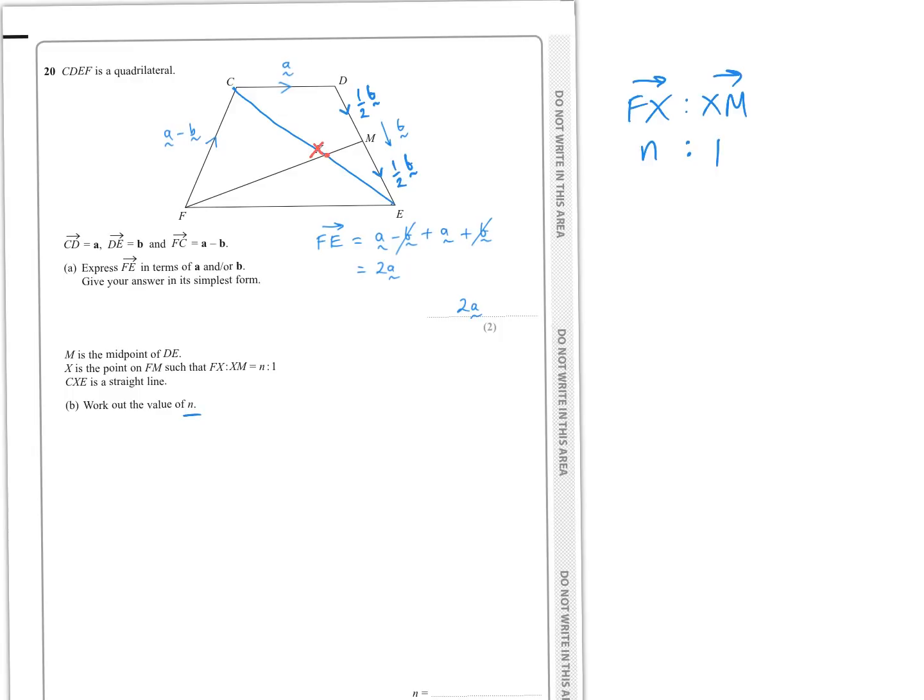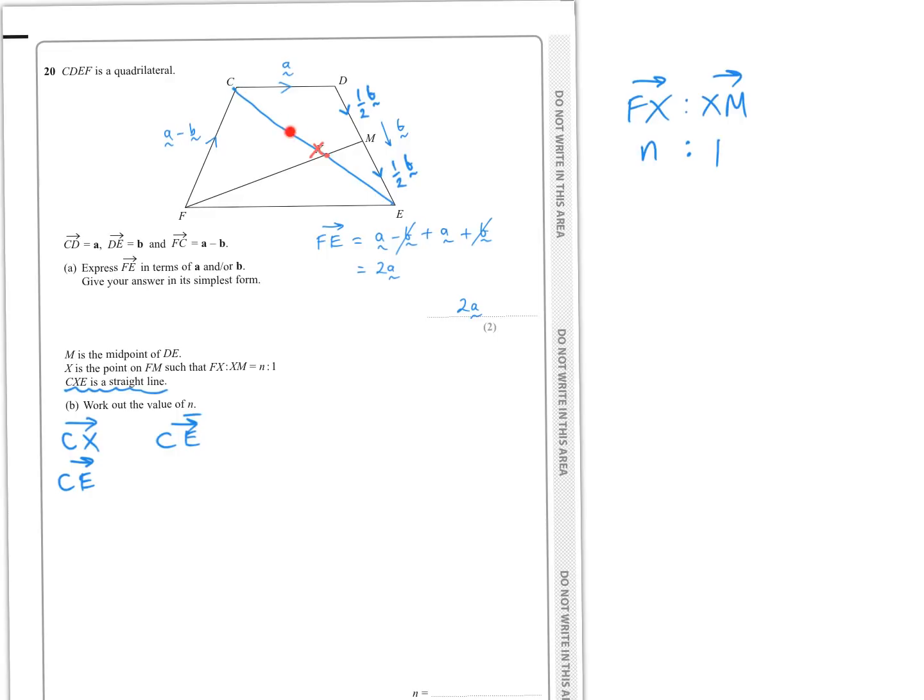So I think because this is probably giving you the answer, I would say that CX and CE would be the things I would find first. So I'm going to look for CE first and see if that's easy.